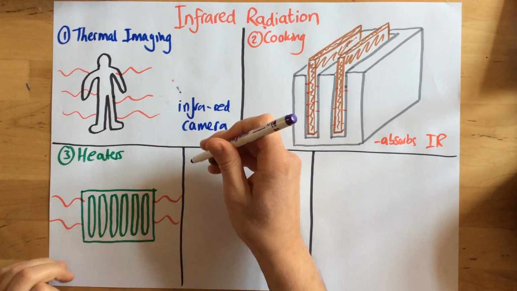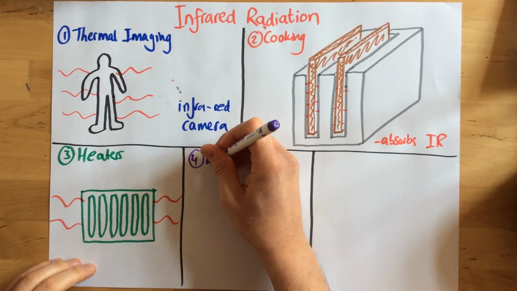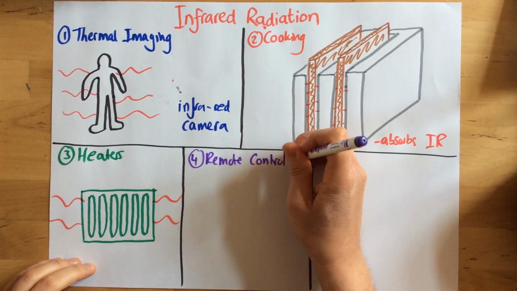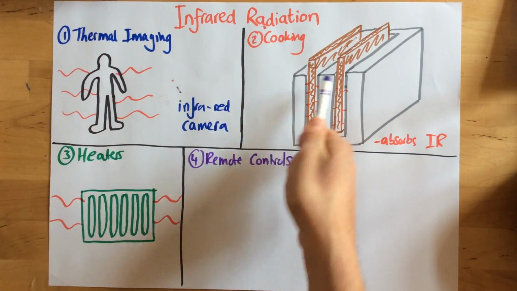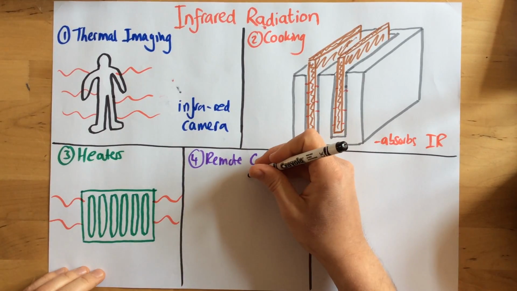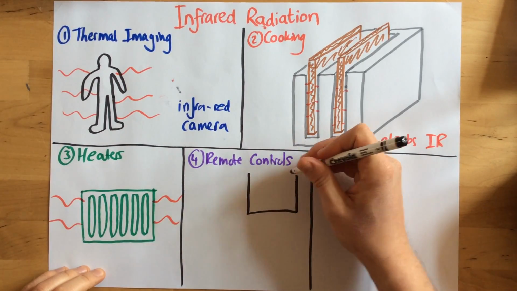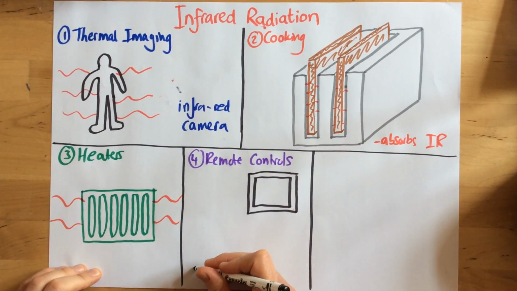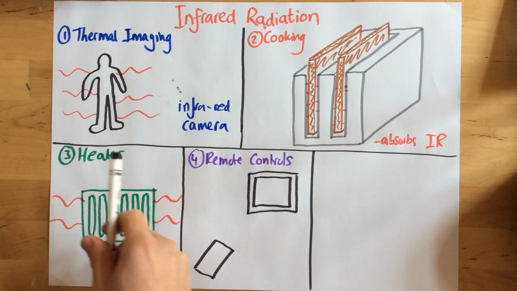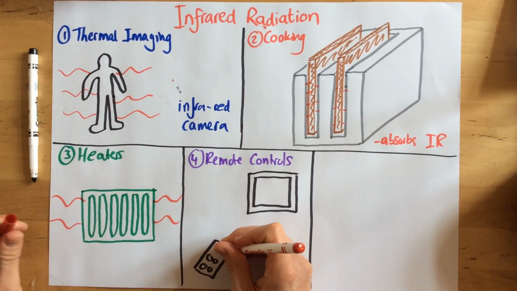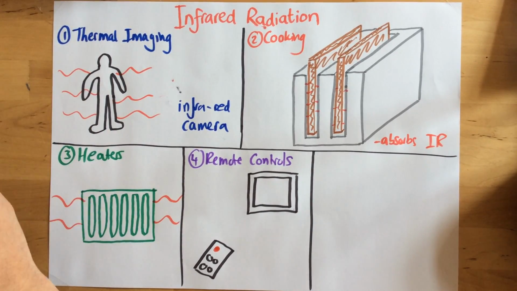Okay, next up, we have remote controls. So the first three demonstrate infrared radiation in terms of heat. But we can also use it to transfer information. So lots and lots of remote controls use infrared radiation in order to transfer information.